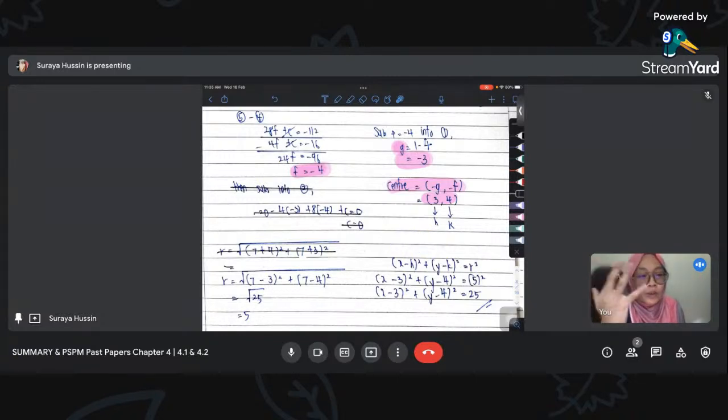So what I'm trying to show here is you can start with any equation, sama ada standard equation ataupun general equation. So that is what my goal right now here, untuk memberitahu pada kamu semua bahawa kamu boleh start dari mana-mana yang kamu selesa. Standard equation ataupun general equation.